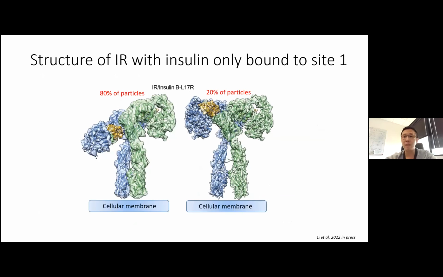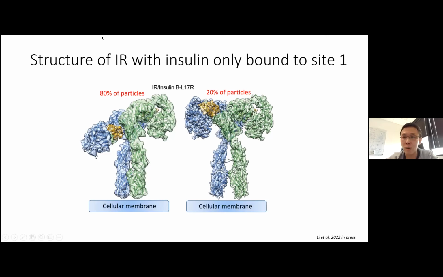Okay, but it's very different when insulin is only bound to SET1. So we can use the insulin SET2 mutant, and that insulin can only bind to SET1. The overall structure is also different from the receptor with wild type insulin. Remember, in the wild type receptor with wild type insulin structure, the whole conformation is a T-shaped symmetric conformation with 4 insulins bound to both SET1 and SET2.